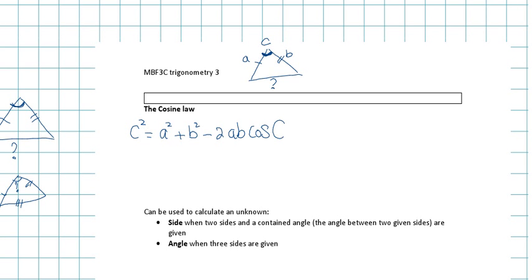Okay? Now it would work for any side that you're looking for. So let's say if you're looking for side A, it's going to be A squared equals B squared plus C squared, because you must be given the other two sides, minus 2BC, these are the ones that are given to you, and then cosine angle A. You see that the side that you're looking for and the angle are matching.